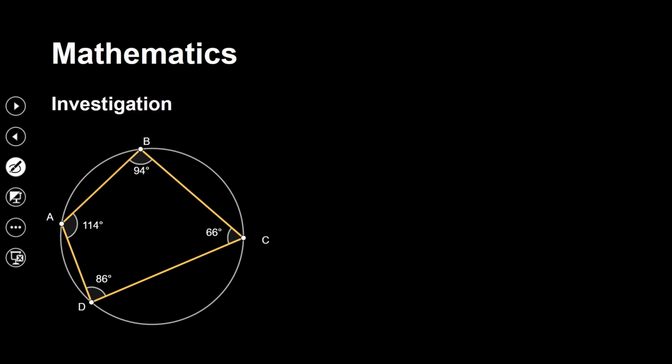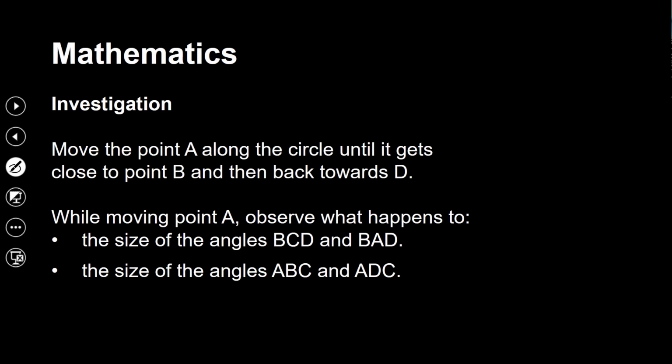So you can see that even with this one here, 86 plus 94 is 180, 114 plus 66 is 180. You still move the point around, it will still give you the very same thing as what we spoke about, right?